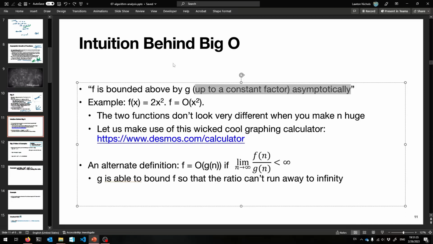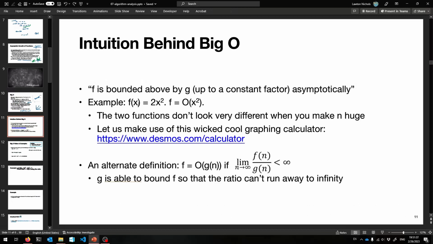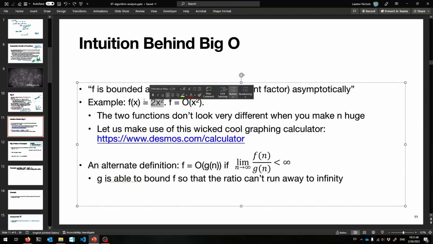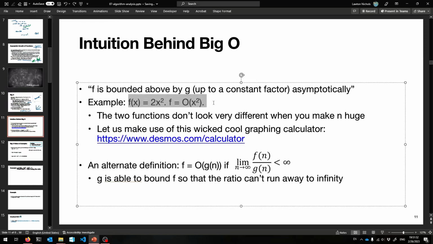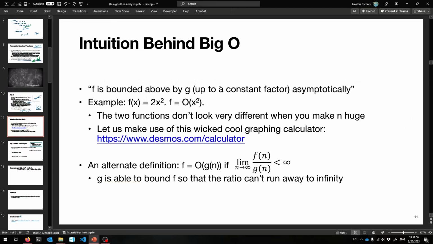All right. So for example, let's define f of x to be 2x squared. And we say that f is O of x squared, right? Remember your rules, you can chop off the constant factor out in front. The reason why is that these two functions don't look very different when you zoom out. And we care about when we zoom out, when n gets large.